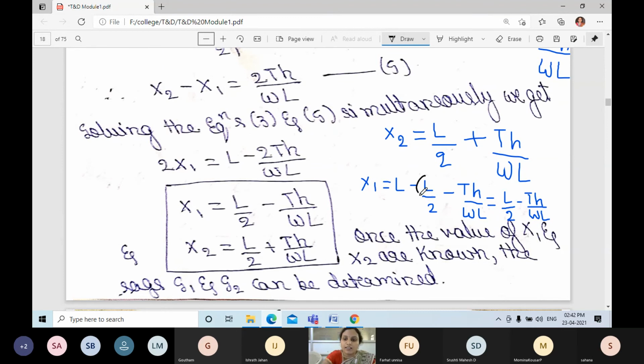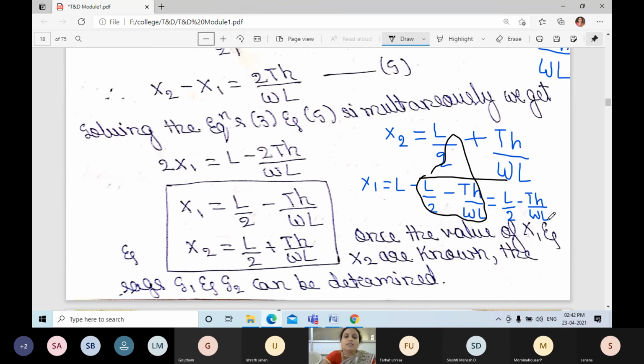Sorry, this is the x2 value: L by 2 plus TH divided by omega L. If we solve that, you will get x1 as L by 2 minus TH divided by omega L. This is the x1 and x2 value.